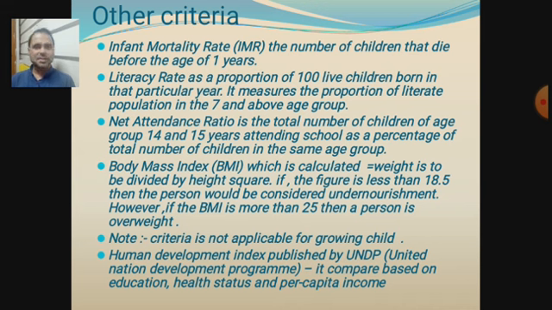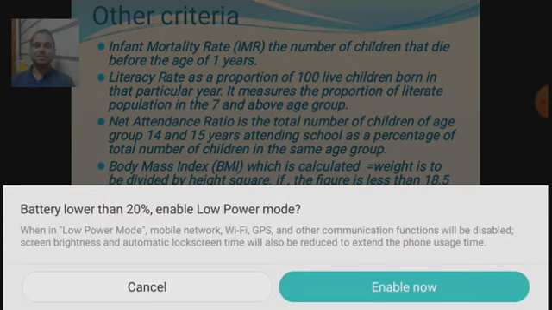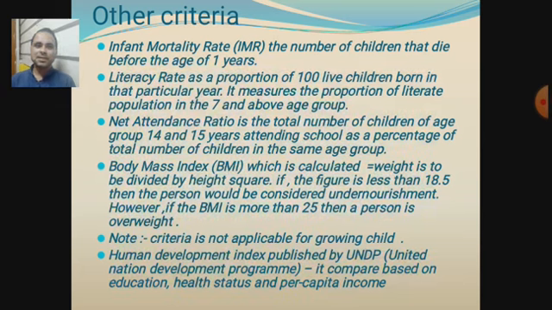A person may have more earning, but what about the human life? Another is the literacy rate, as per the proportion of 100 live children born in that particular year. That also cannot be ignored. Another is the net attendance ratio, which is the total number of children of the age of 14 or 15 years attending school as a percentage of the total number of children in the same age group.